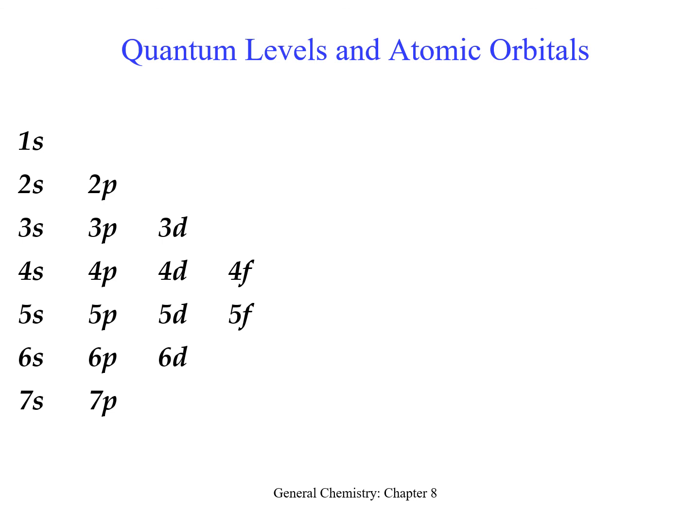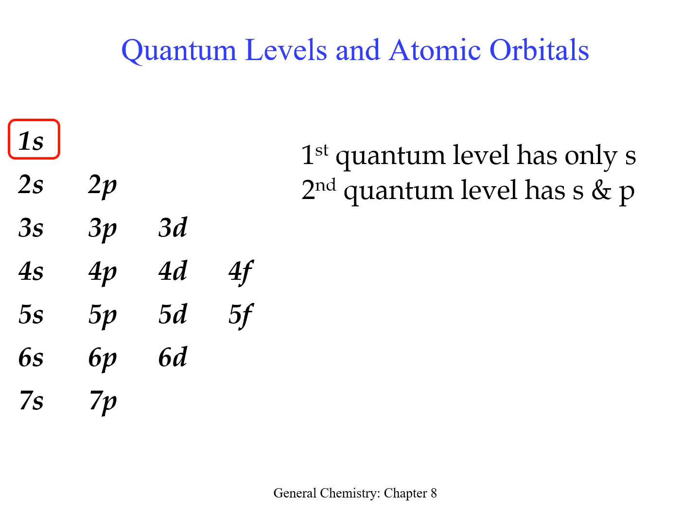And so the way we fill these up, looking at the quantum levels and atomic orbitals. The first quantum shell has only s, and the second quantum shell has s and p. So l is equal to 0 for s, and l is equal to 1 for the p.